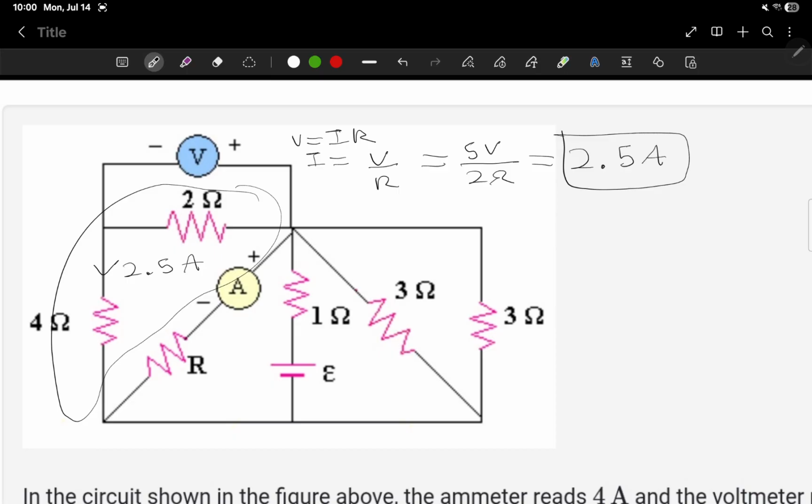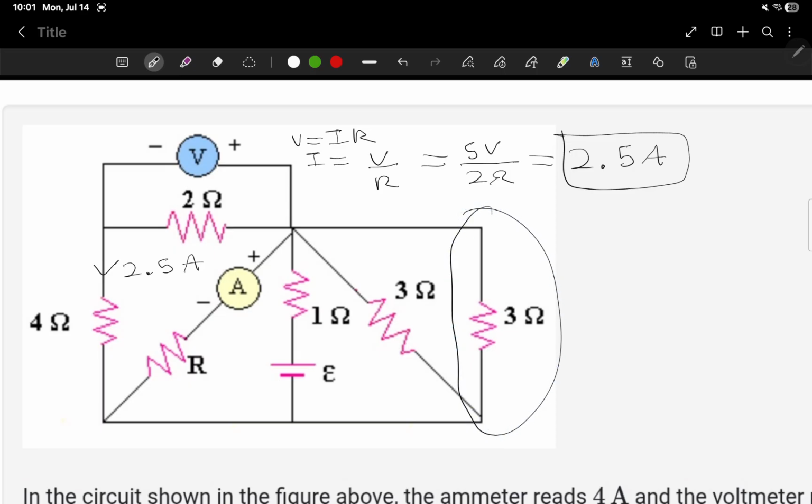The advantage with knowing the voltage across this entire branch is that whatever is parallel will always have the same voltage.